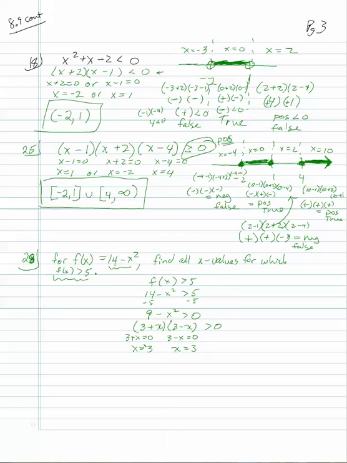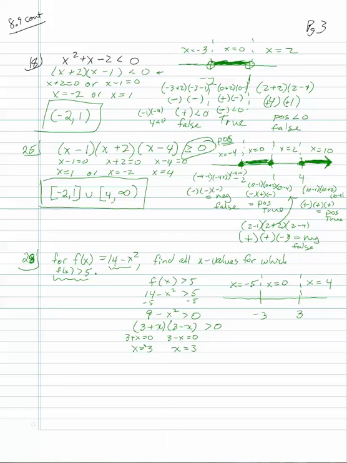So this one was negative 3 and this one's positive 3. So now we're going to make our number line. Negative 3, 3. Pick a test point in each interval. x equals negative 5, x equals 0, x equals 4.